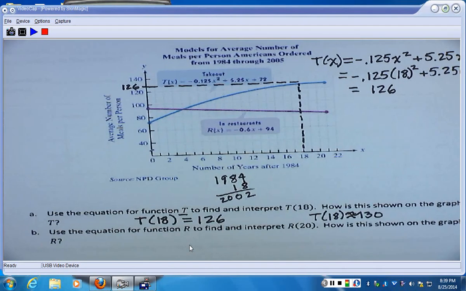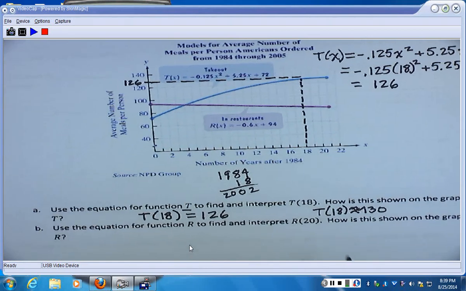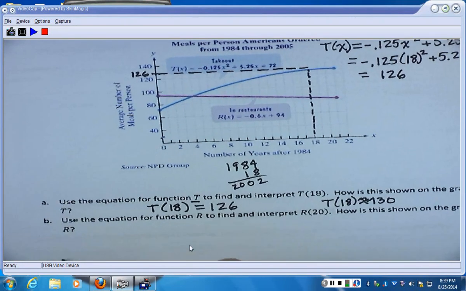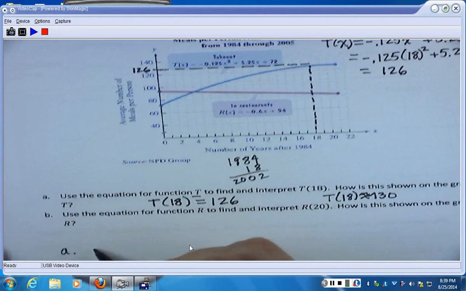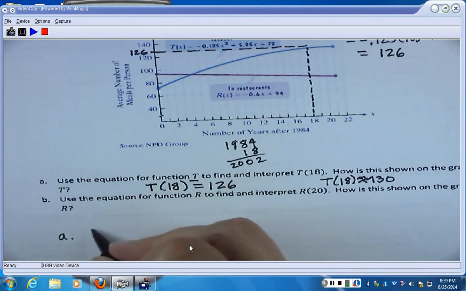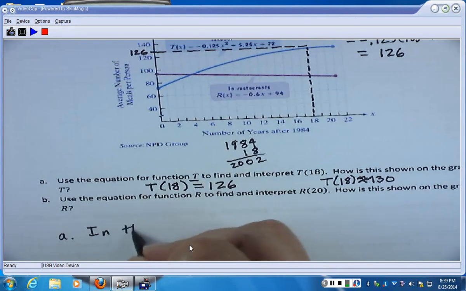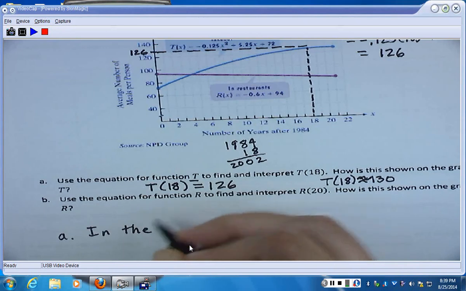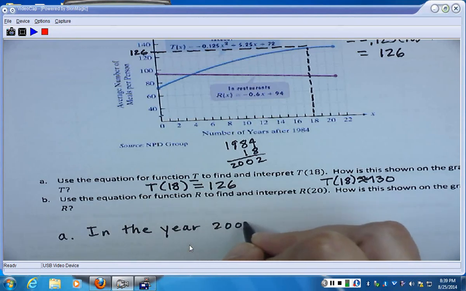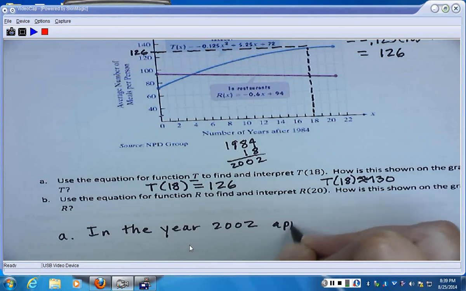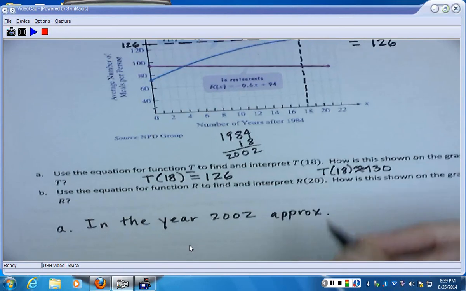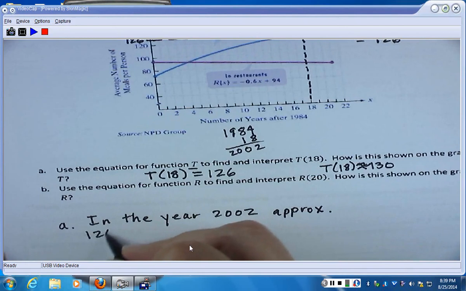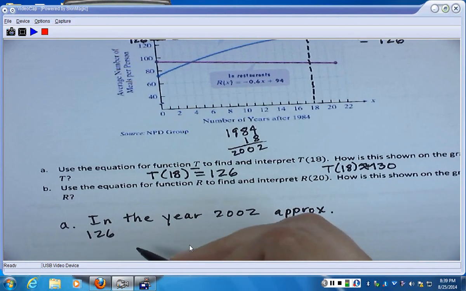So in the year 2002, approximately 126 meals were to go, right?